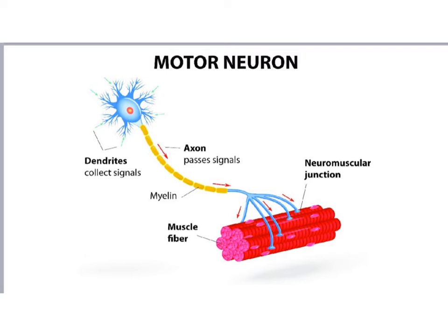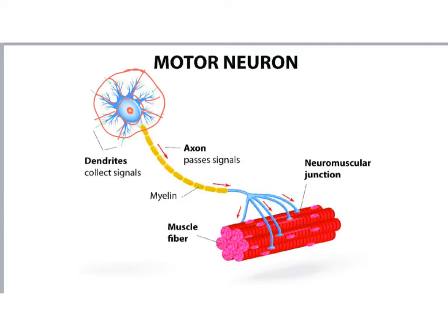So this is the motor neuron. This would represent one motor unit. So we see the cell body here, and all these dendrites are receiving information from the spinal cord, right?